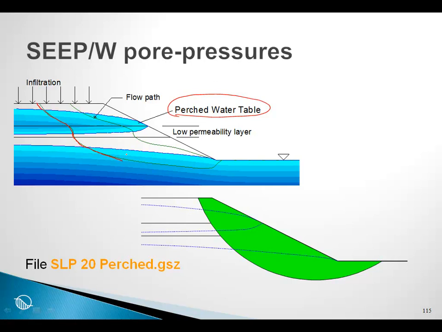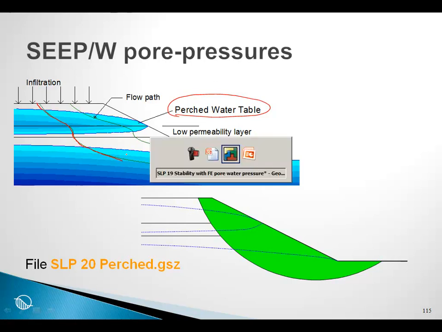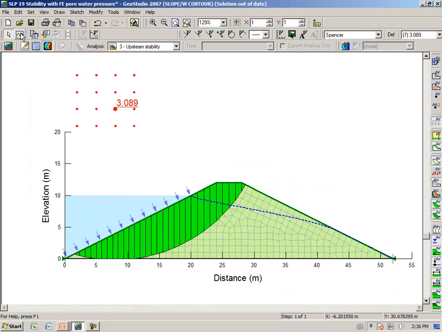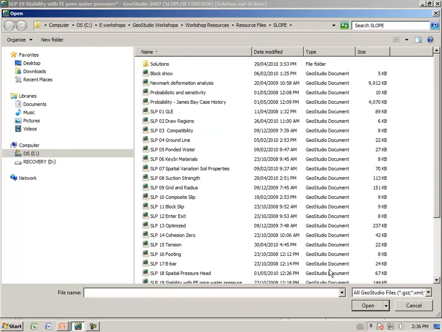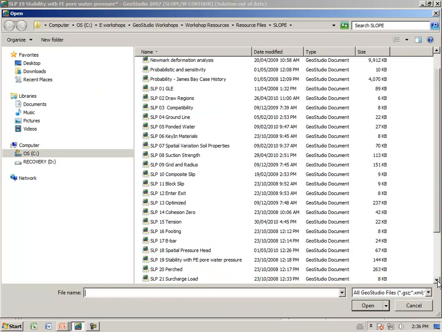Let's look at this in a little bit more detail by opening up SLP 20.